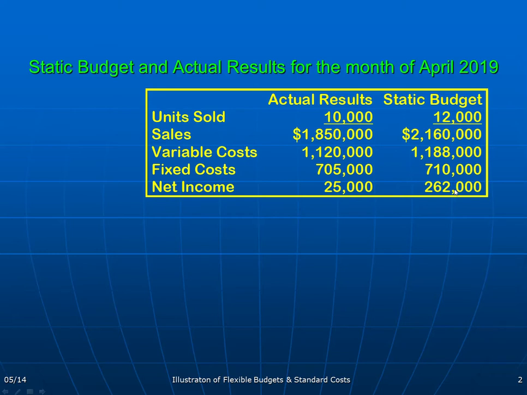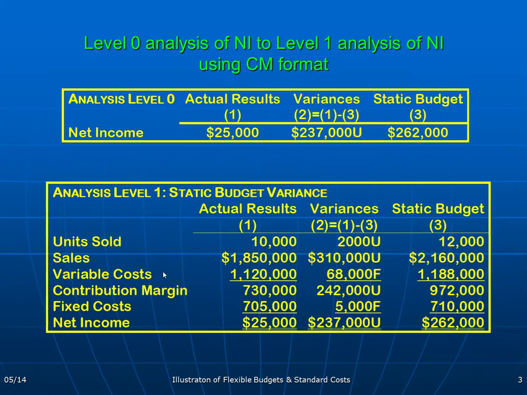We had a budgeted net income of $262,000. We actually only sold 10,000 units with an actual net income of $25,000. So when we start to try to analyze this, we would compare our static budget net income to our actual net income and determine that we have a $237,000 unfavorable net income variance.